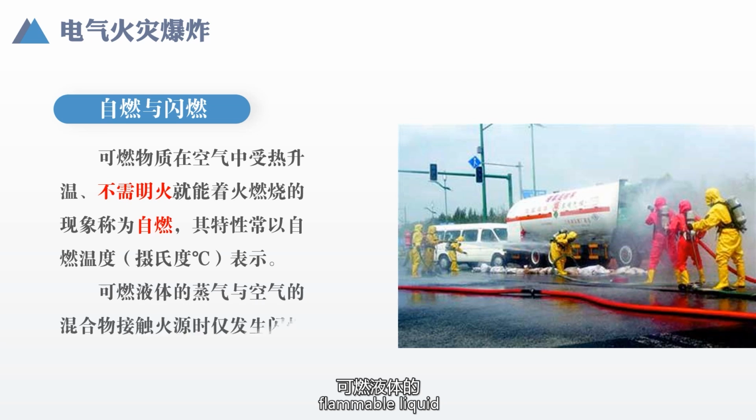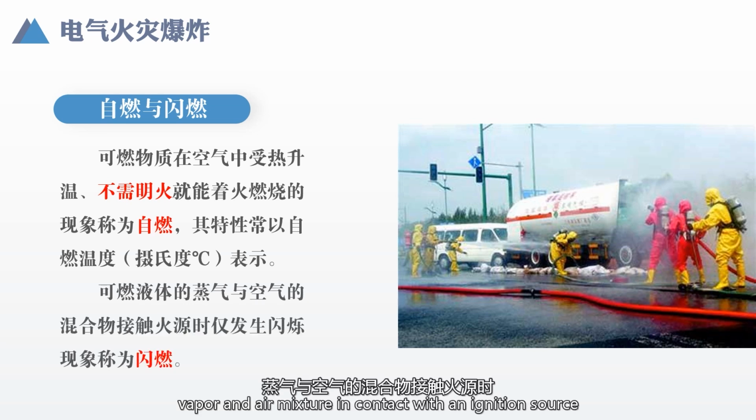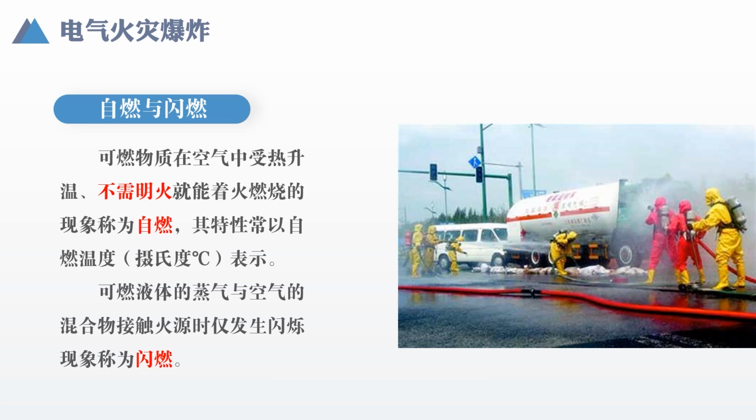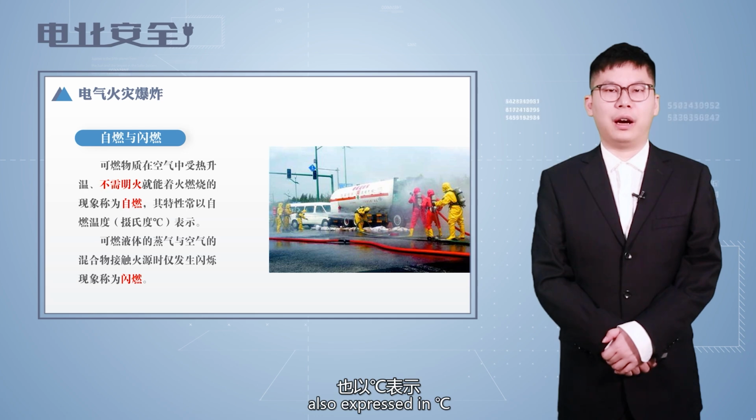When flammable liquid vapor and air mixture is in contact with an ignition source, only a flickering phenomenon occurs, known as flash ignition. Flash ignition does not cause liquid combustion. The lowest temperature of the flash ignition is also expressed in degrees Celsius.